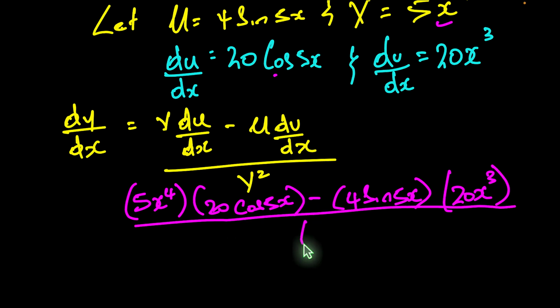And v is 5x to the power of 4, so that's 5x to the power of 4 squared. This looks complex, but we're going to simplify it quite easily.